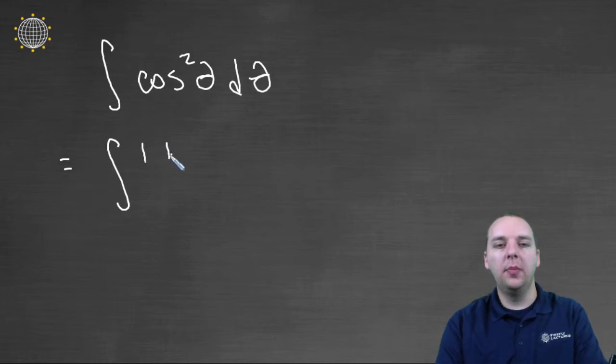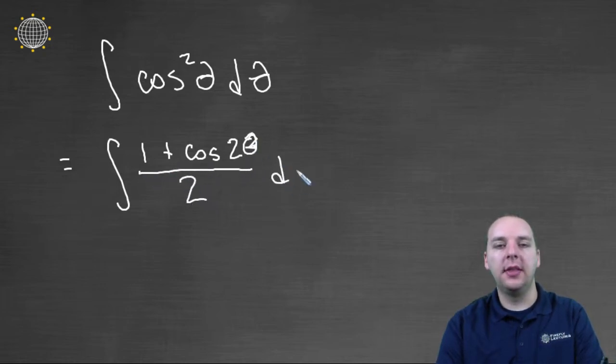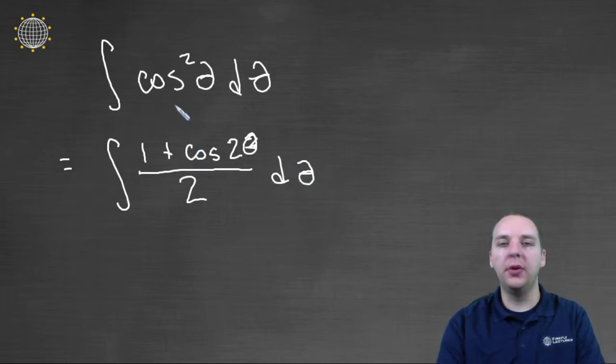It's 1 plus cosine of 2 theta, all divided by 2, d theta. This was just a trig identity that we know from our pre-calculus class. We have not integrated. I just rewrote cosine squared. So this goes to show you it's very important to know your trig identities, because if you didn't know this trig identity, you would have a very difficult time trying to integrate this.